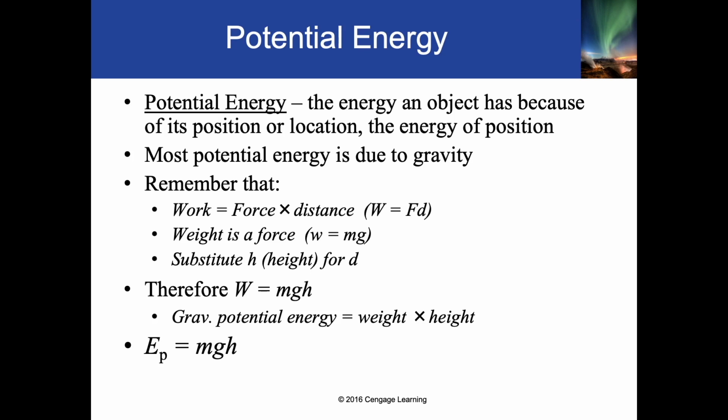The thing that changes here is that instead of using D, like when we were pushing that box across the way, we're going to switch out the D for H. So now work equals mass times gravity times the height, and that's literally the height that you lift up something.